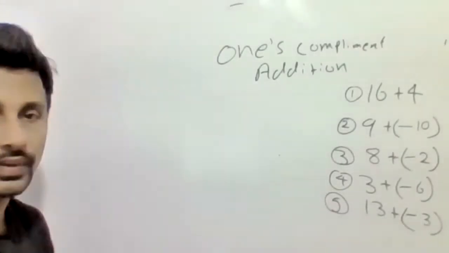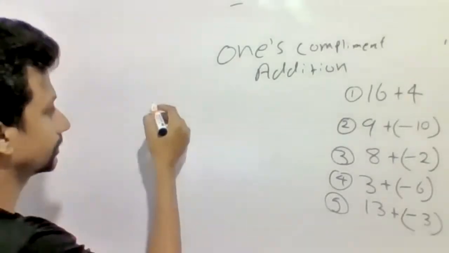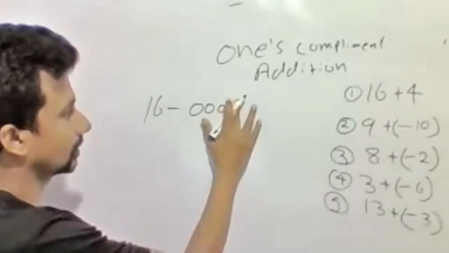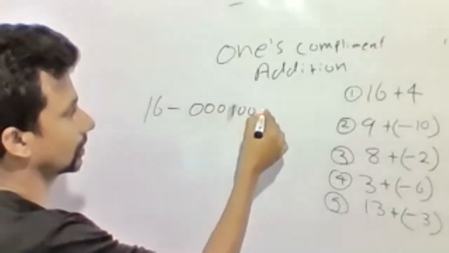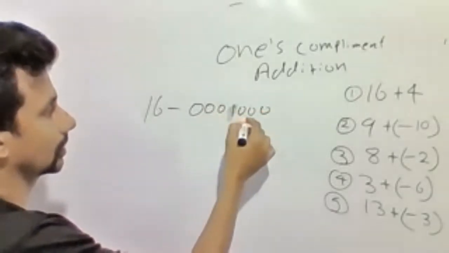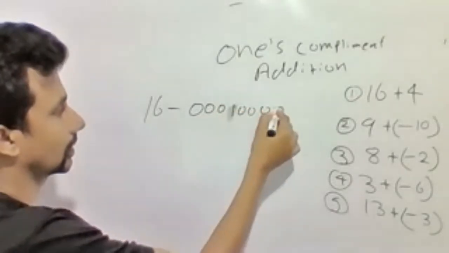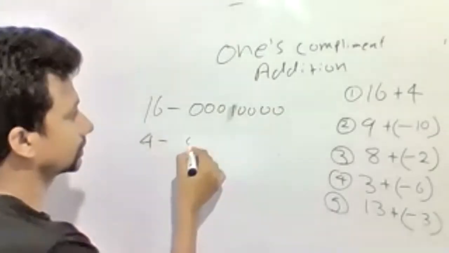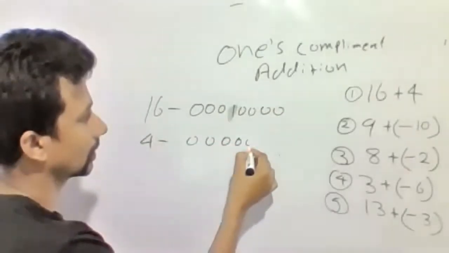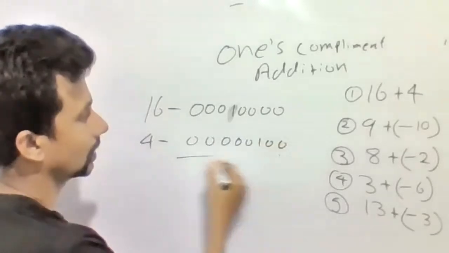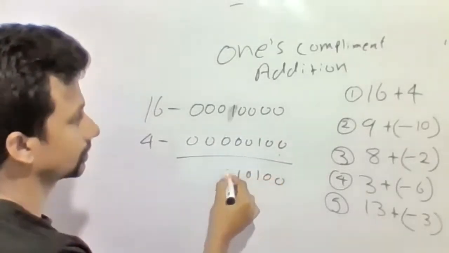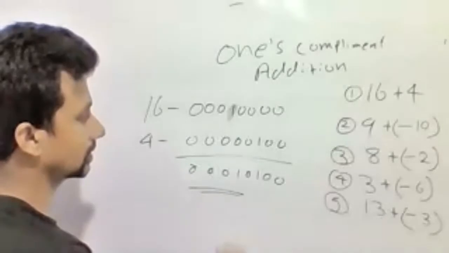Okay, first one, 16 plus 4. 16 you can write as 0, 0, 0, 0, 0, 0. Yes, right? It's positive. 4 is also positive. Add them together, so this is your answer.